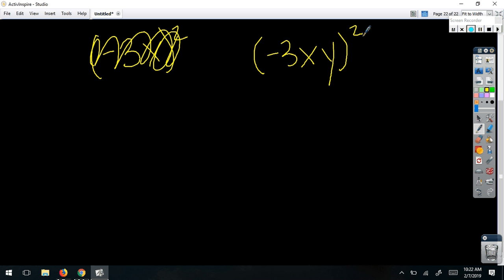The 2 is going to distribute to all of them. It's going to go to the negative 3, to the x, and to the y. Okay? So it's going to be negative 3. Right. And what is that property called?